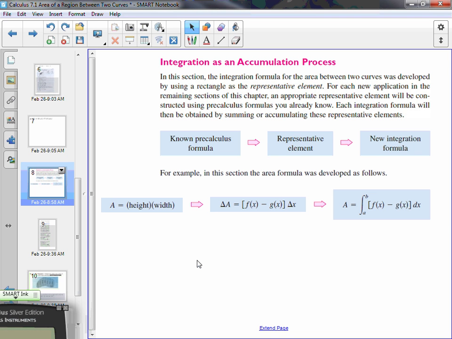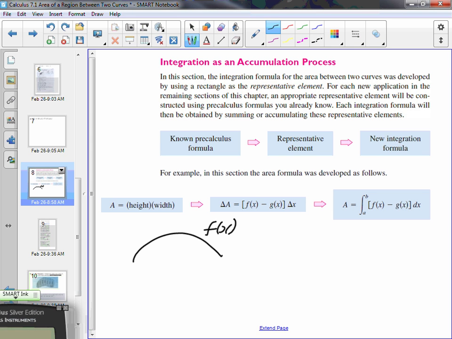It still is. It looks a little different right now than it used to, because yesterday, when we were doing this, if we had f of x and that was g of x, f of x is the one on top. If we draw in a rectangle that's between them, which we did, the height of that rectangle.